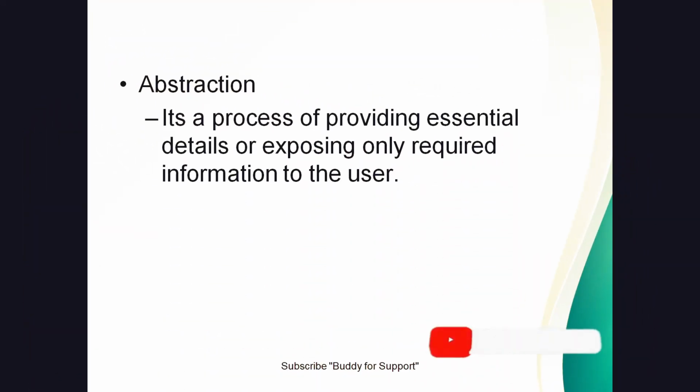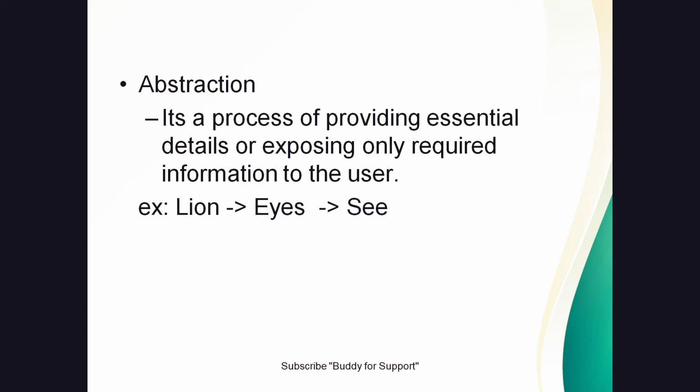It's a process of providing essential detail or exposing only required information to the user. Example, lion. They have eyes, and what they see and sense are the abstracted. We have legs, which is being exposed, and walking is the abstracted one.